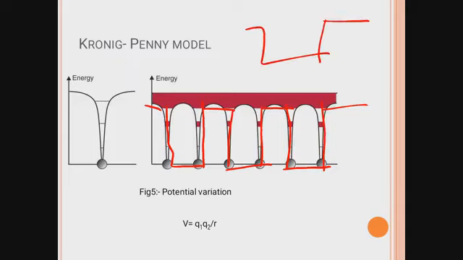Suppose this is a rectangular potential well and we are taking only one solution for simplicity. This is E, only one solution. That means there will be only one wave function, denoted by psi. As it is a periodic arrangement, all will be the same. That is why we are taking only one potential well function or only one wave function.